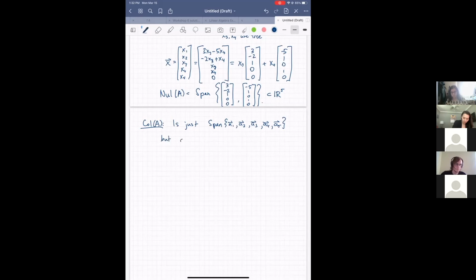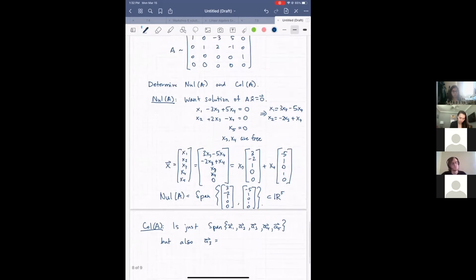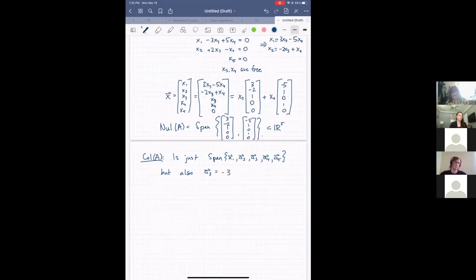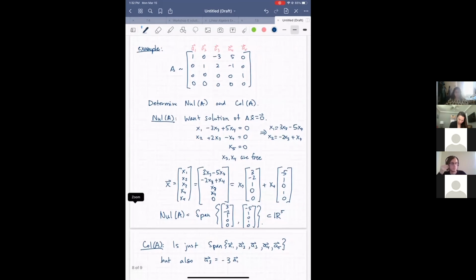But also we know that A3 can be written as, let me recalibrate, okay, A3 is negative 3 times A1 plus 2 times A2.